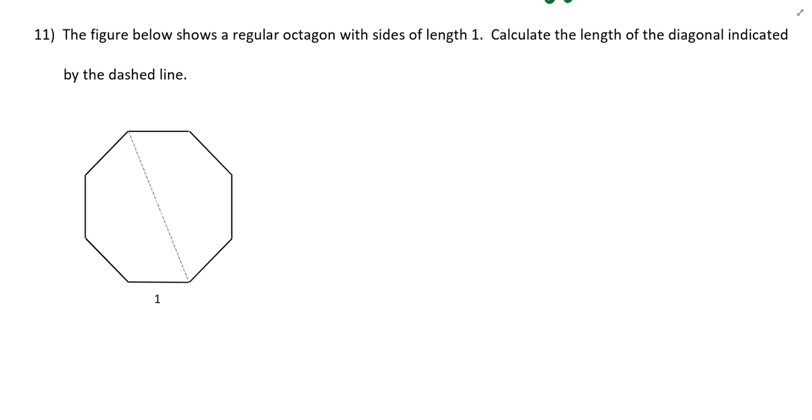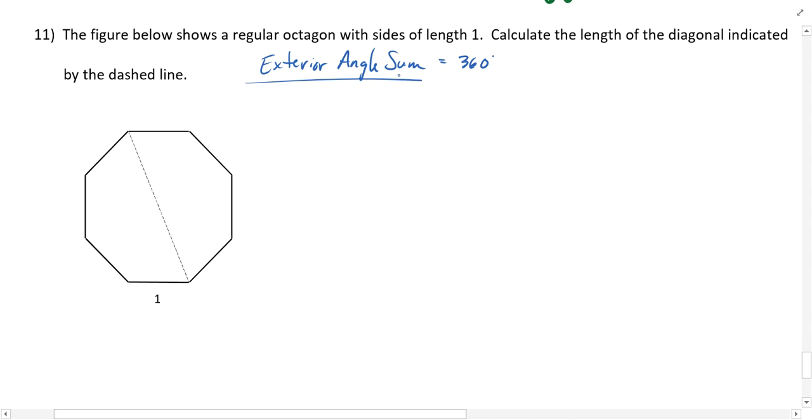And with that, we should be able to generate triangles in intermediate steps and compute the length of this dashed line altogether. So the first thing that I'll remind you of is that there's a rule that states that the exterior angle sum of a polygon, so the sum of all exterior angles, always adds up to 360 degrees.